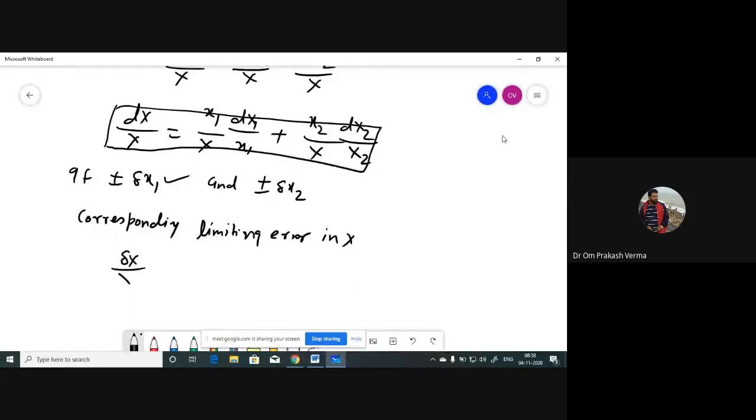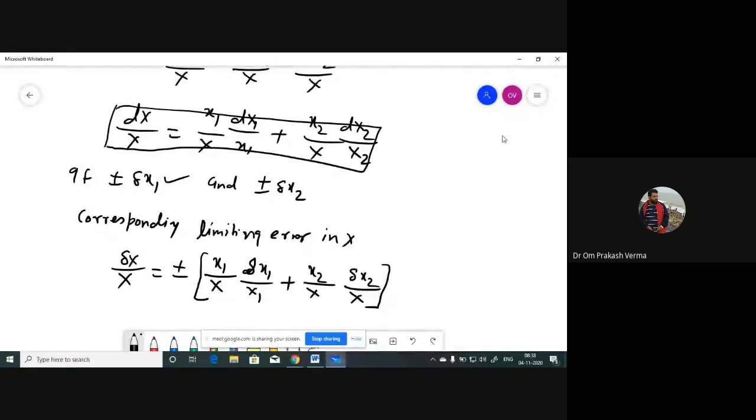Delta x upon x equals what? Maximum, either the plus or the minus. So it becomes x1 upon X times delta x1 upon x1, plus x2 upon X times delta x2 upon x2. By this formula you can find the maximum limiting error.